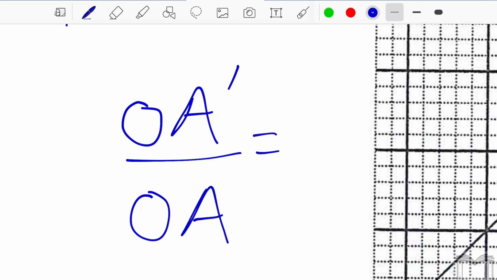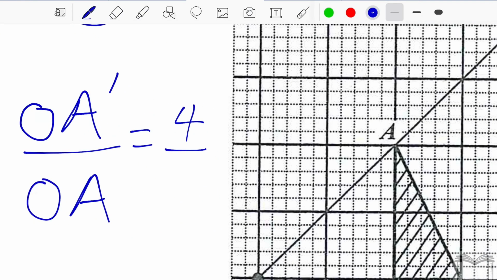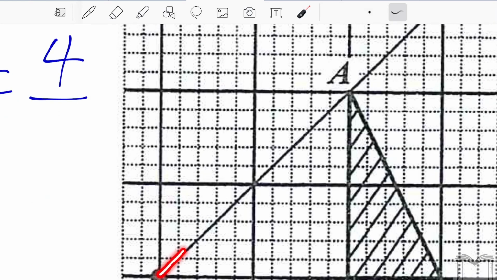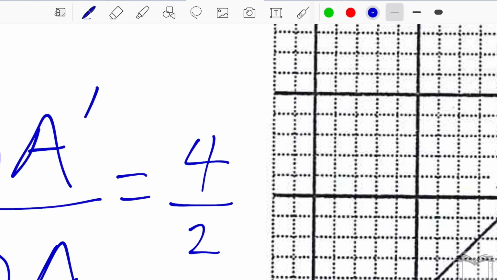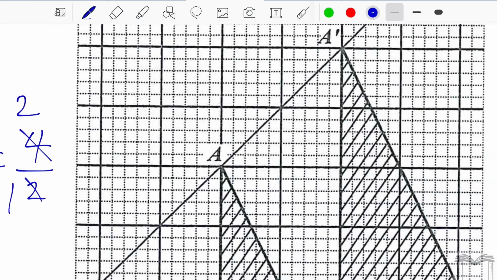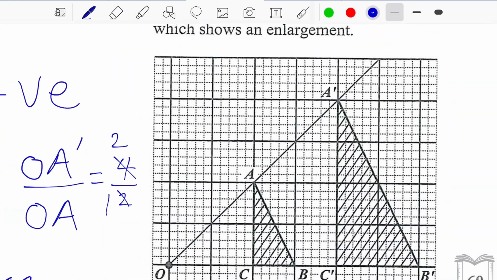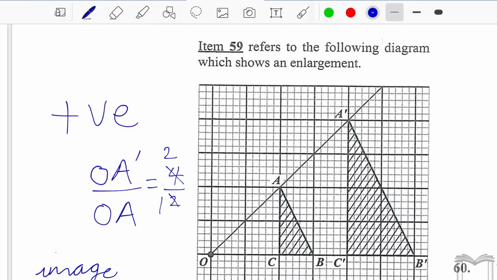So OA prime is 4 diagonals, and OA is 1, 2, so 2 diagonal lengths. So 2 into 4 is 2. So it's getting bigger by a scale factor of 2.